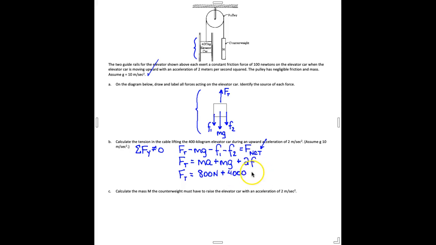And then to that number, I'm going to add 2 times the frictional force of 100 newtons. It appears as though I left the newtons off of the weight there, so I'll add that in. So now I have 800 plus 4,000 plus 200. And my tension force, when I add those all up together, is going to be equal to 5,000 newtons. And the direction of that, of course, is up.